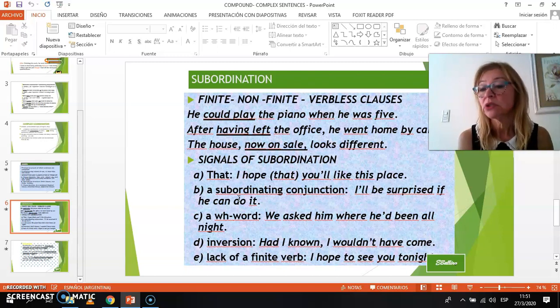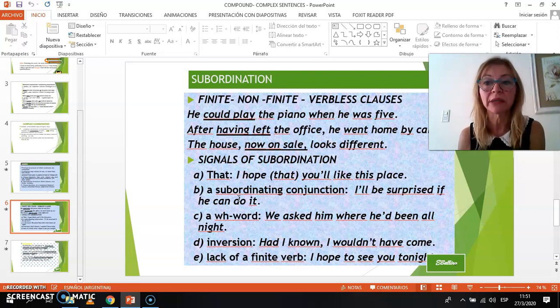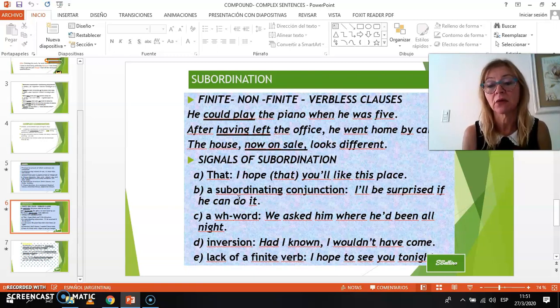Well, and now we're going to devote our revision specifically to subordination. That means clauses which depend on a main clause. When we speak about finite, non-finite, and verbless clauses, we are looking at the verb phrase structure.